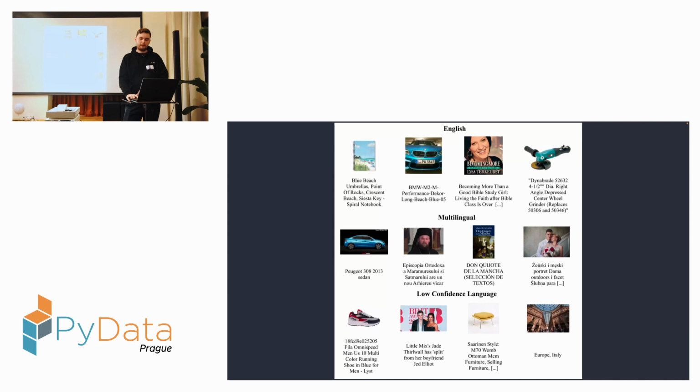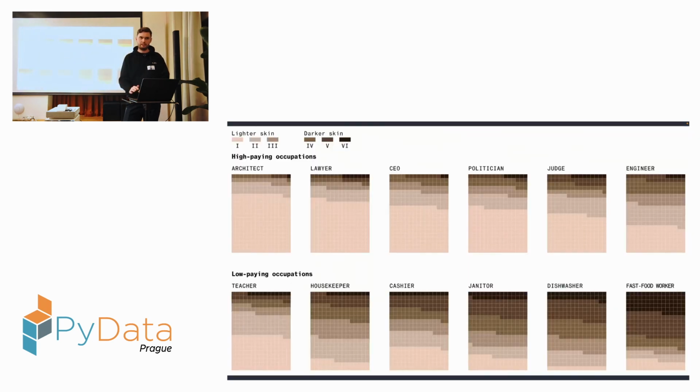And there are also some controversies with the text-to-image models. What I'm going to touch on is that there has been research in generating different professions from the text-to-image models. And as you can see, they are very much biased in terms of skin.